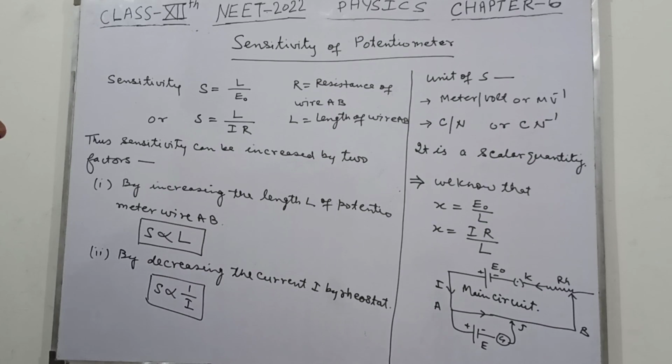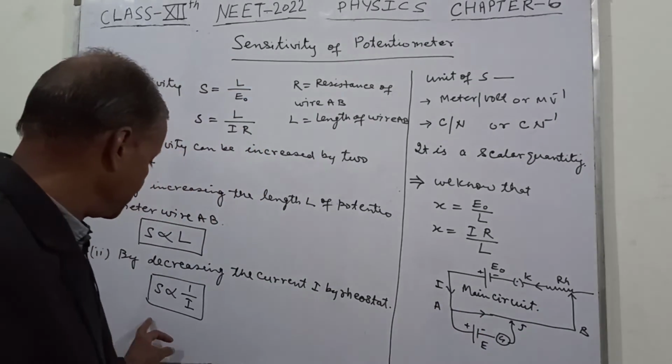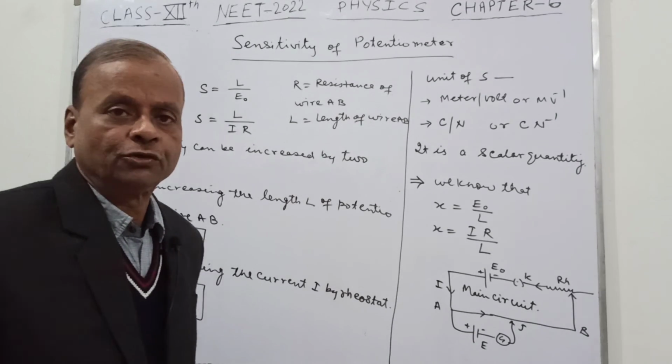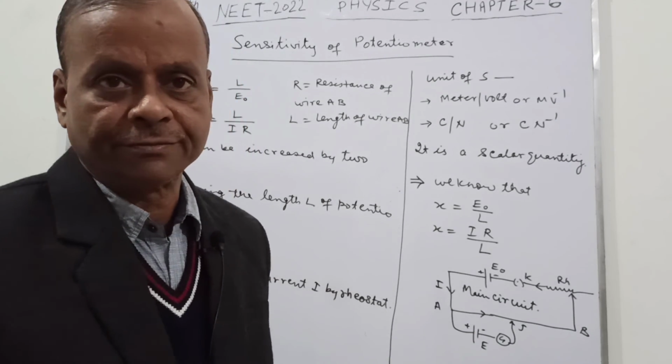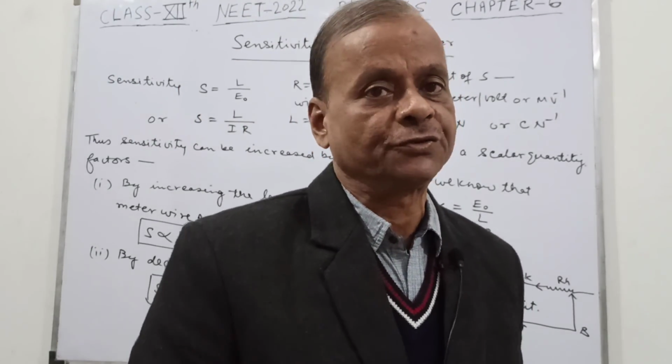So just you control the current, make it minimum so that the sensitivity is larger. So to measure the small potential difference, the potential gradient must be minimum.